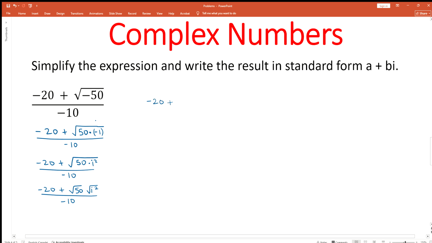Square root of 50 is not a whole number, but we can simplify it by breaking it up into a perfect square factor. 50 is equal to 25 times 2, so we can write square root of 50 as square root of 25 times 2. And square root of i squared is equal to just i, over -10.